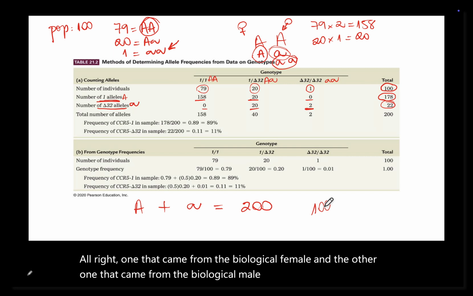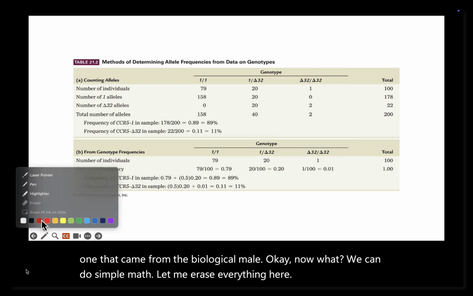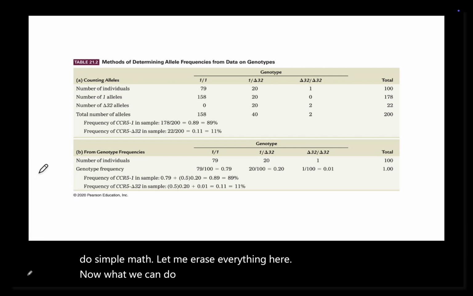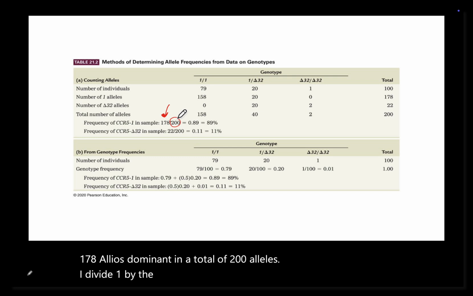Okay, now what can we do? Simple math. Let me erase everything here. Now what we can do is, knowing that I have 178 dominant alleles in a total of 200 alleles, I divide one by the other and get that in that population I have 89% of dominant alleles.